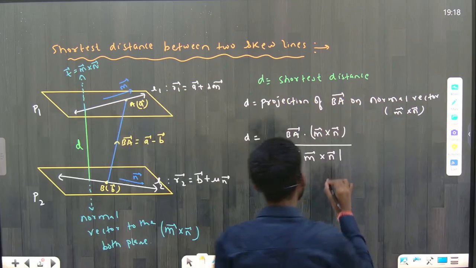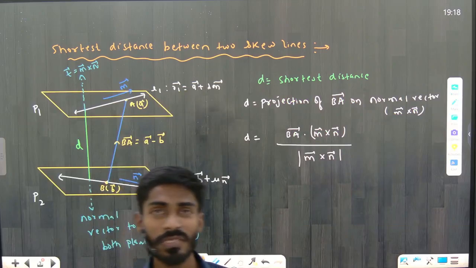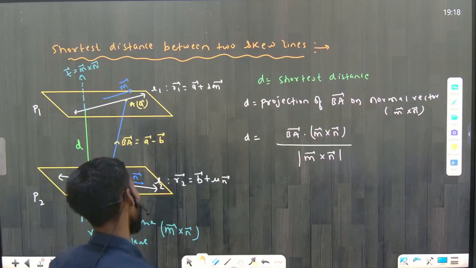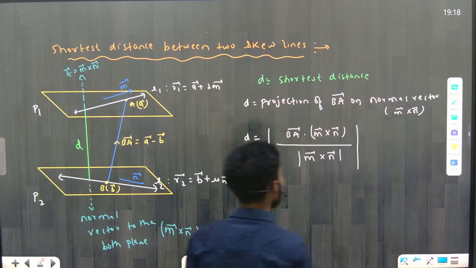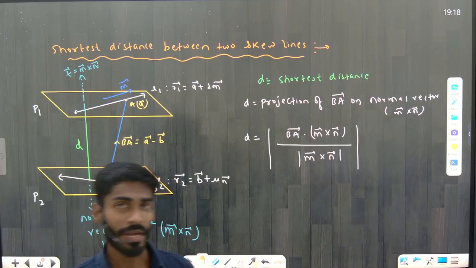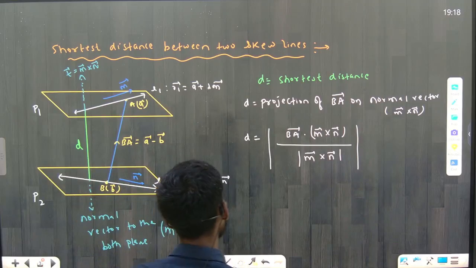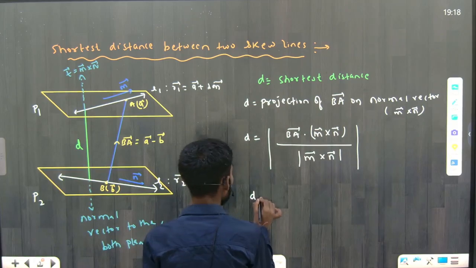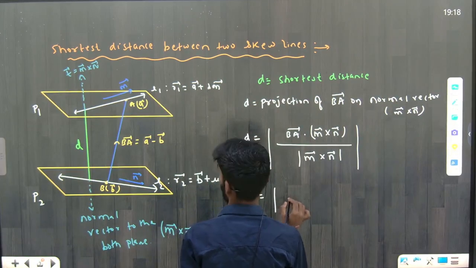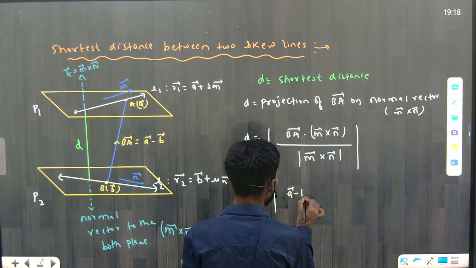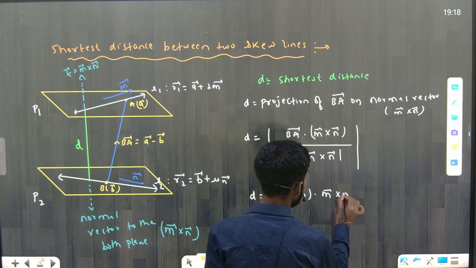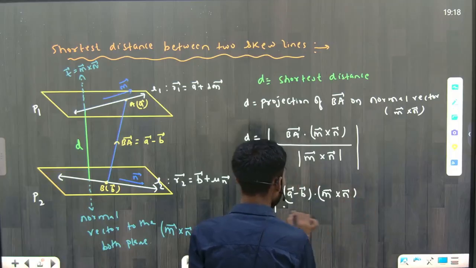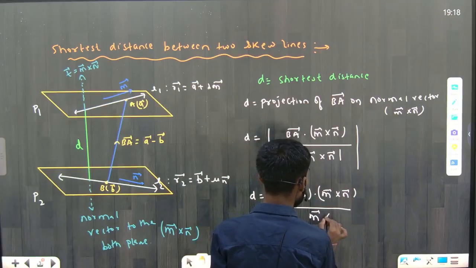And also we know that distance can never be negative, so we impose the modulus sign on the outside. Here BA is a vector minus b vector, dot m cross n, divided by magnitude of m cross n.